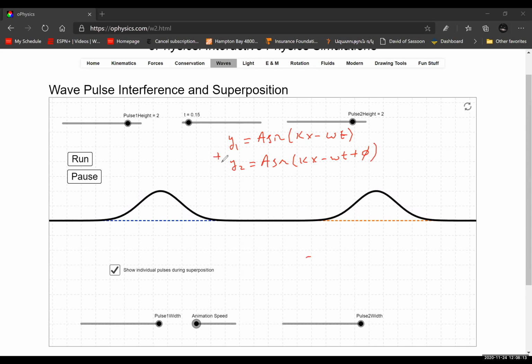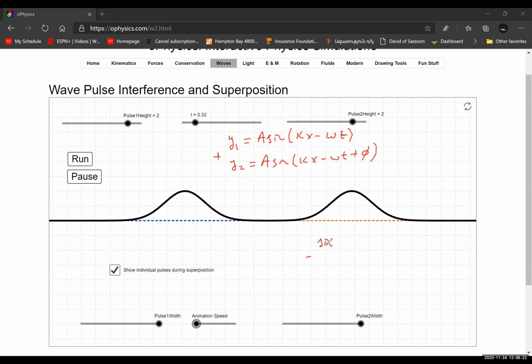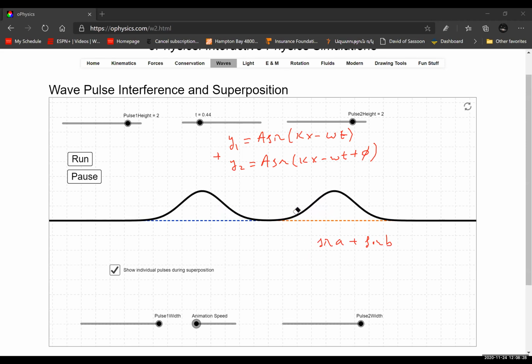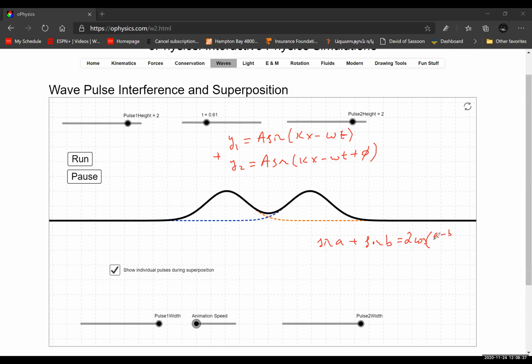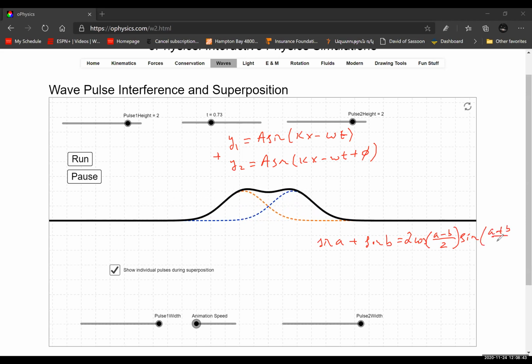We're adding them together. And here we are using some of the trig identities. So this is for when you have sine of A plus sine of B, right? So basically you're adding two waves together. The solution for this one is then 2 cosine of (A minus B) over 2, times sine of (A plus B) over 2.